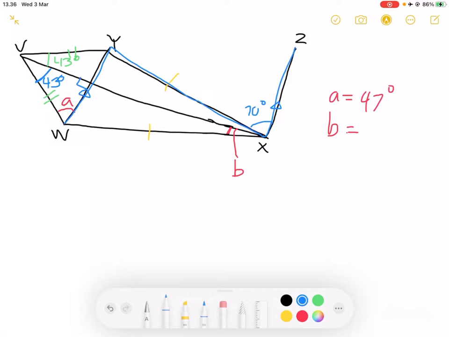So notice that angle YXZ and angle WXY are alternating angles in parallel lines. So you can just check them up pretty easily, and therefore they must be equal. And we know angle YXZ is 70 degrees, so that means this part is also 70 degrees.